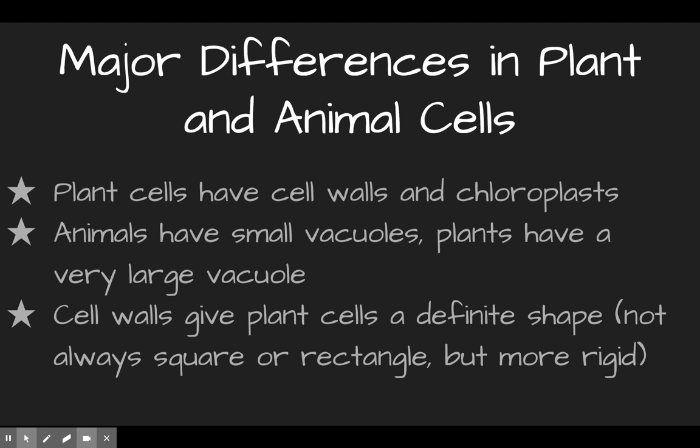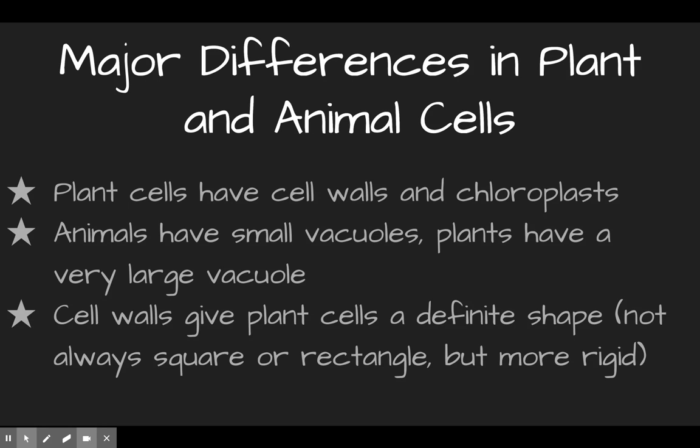Because plant cells have cell walls, it gives the plant cell a more definite shape. It's not always square or rectangle, but it's more rigid. Remember, we talked last week about the plasma membrane, and the big thing about the plasma membrane is that it had fluidity, right? It's even known as a fluid mosaic model because it's all these components suspended in a liquid.